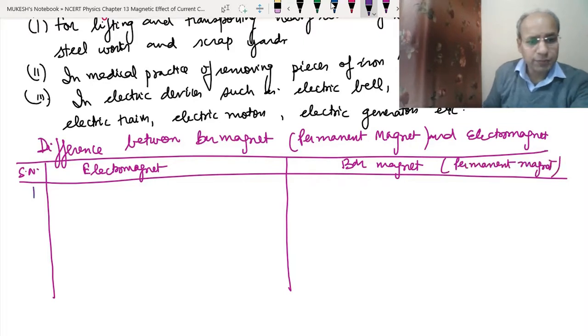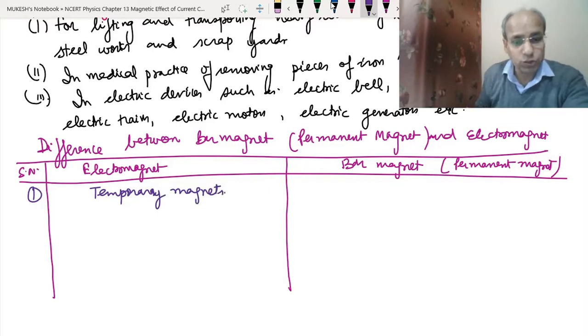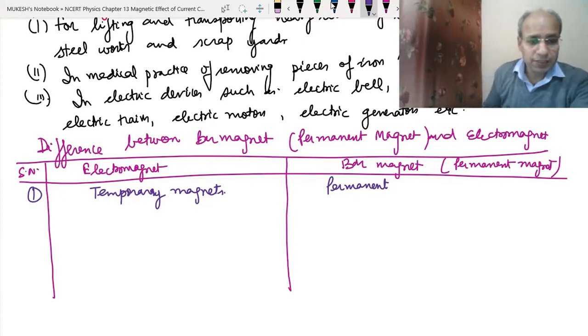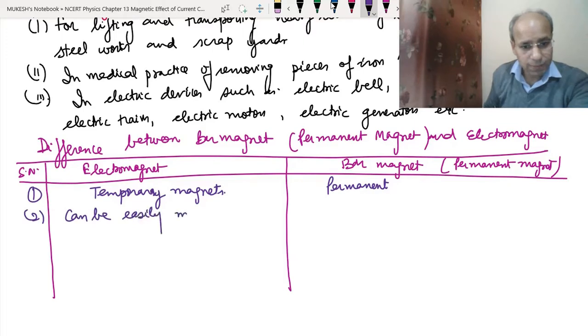As we know, electromagnets are temporary magnets because they lose the magnetism when the current is stopped, and they gain the magnetism when the current is on. And here this is permanent. Once we make the bar type magnet, it becomes permanent. The second point: electromagnets can be easily magnetized and demagnetized.